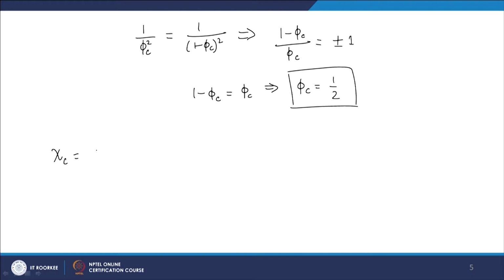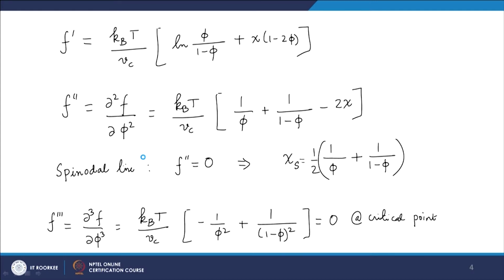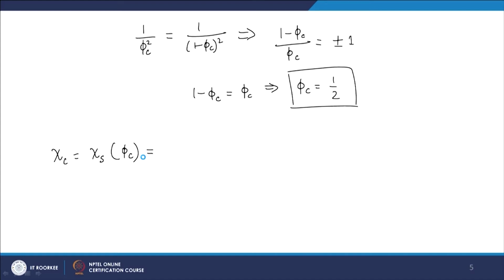So let us say I am computing the chi s for phi value as phi c, then this will be equal to 1 by 2, 1 by phi is 2, 1 by 1 minus phi is also 2. So this has to be equal to 2.